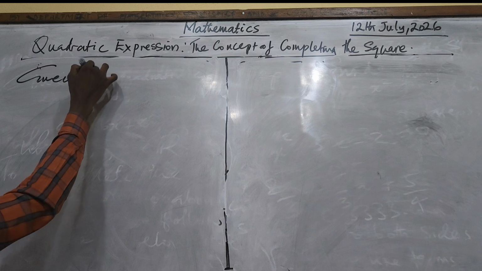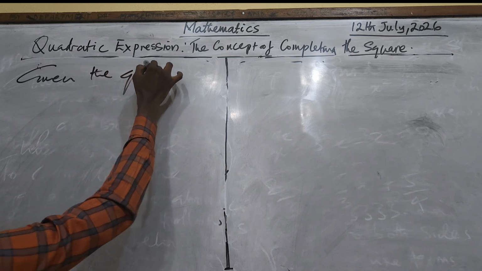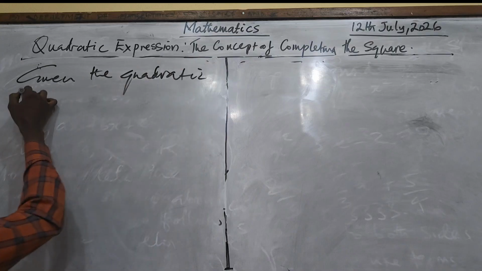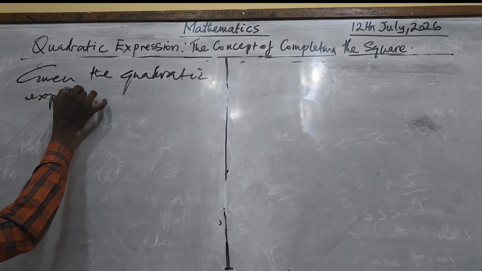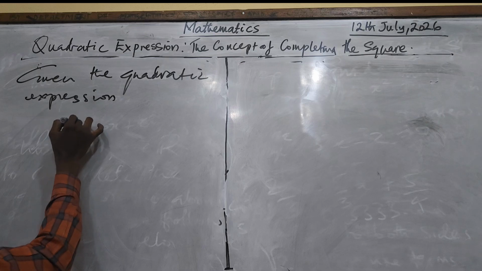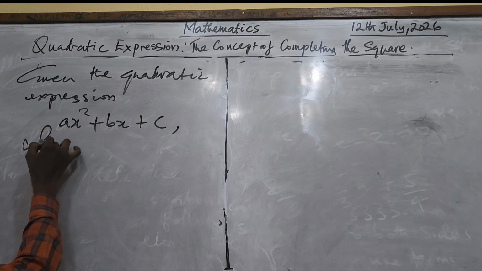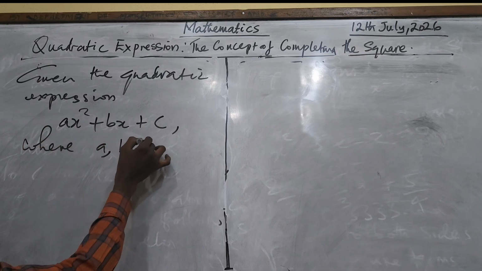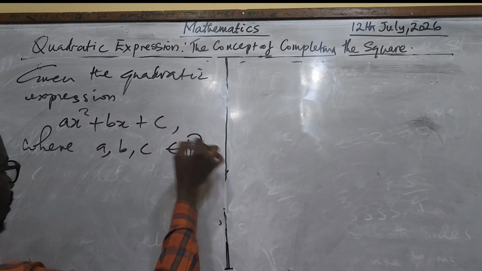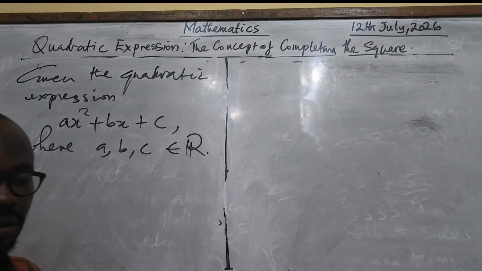So given the quadratic expression ax squared plus bx plus c, where a, b, c are constants and these constants are real numbers.